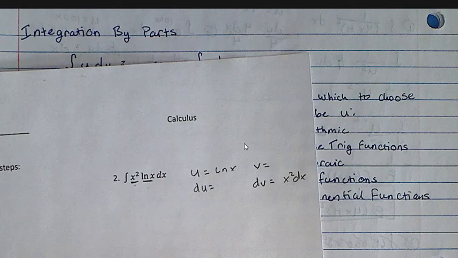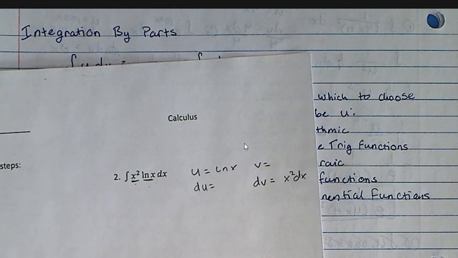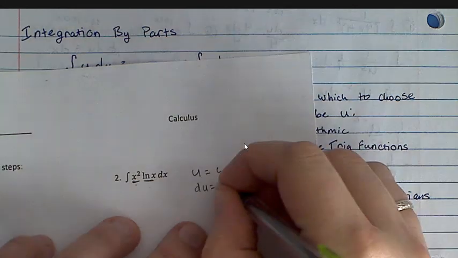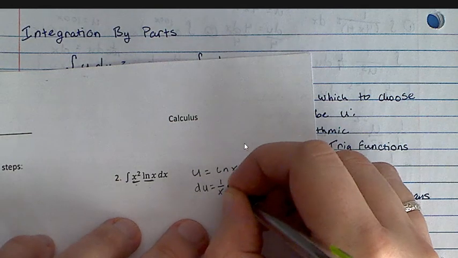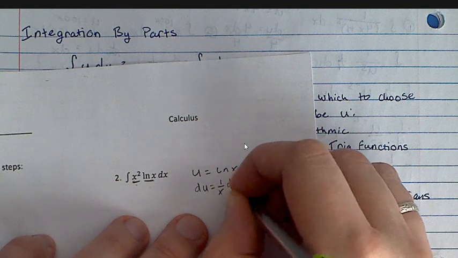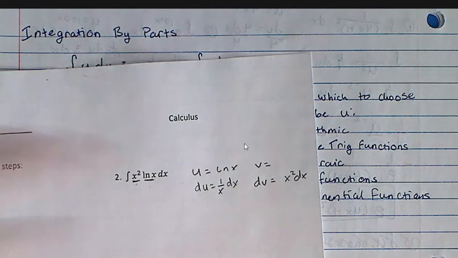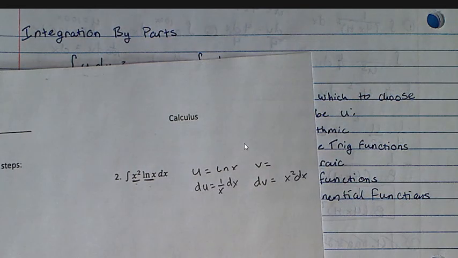All right, so let's fill in the rest of this box. If u is ln x, then what's the derivative of the natural log? 1 over x dx. Yes, because the antiderivative of 1 over x is the natural log.